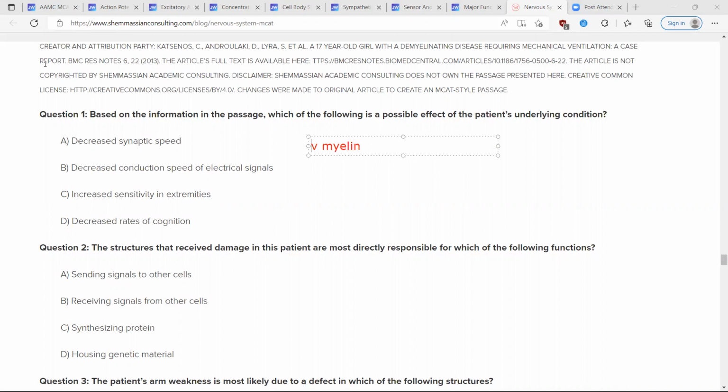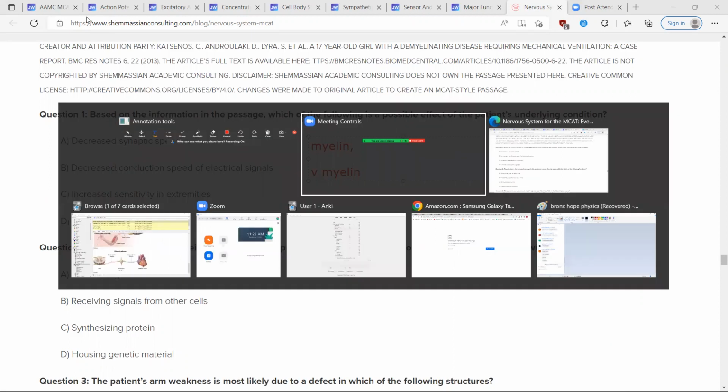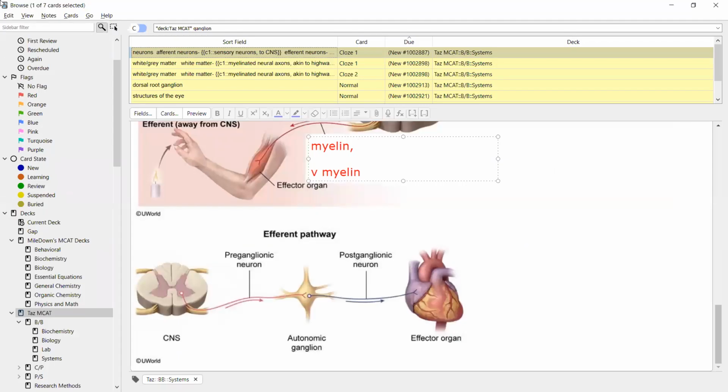So before we start thinking about a decrease in myelin, we have to think about what is myelin? What's the point of myelin anyway? What is the role of myelin? So again, this is the content part, the part that you have to learn, right? If we go back and look at myelin, this is why it's so important to really challenge yourself with these practice questions.